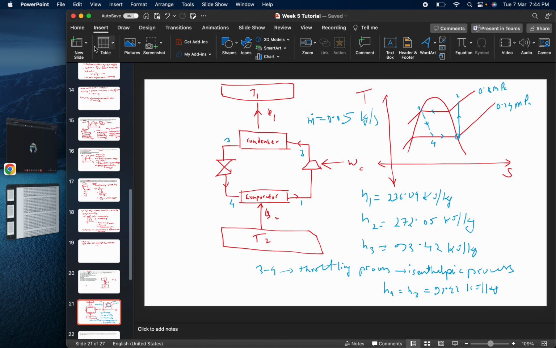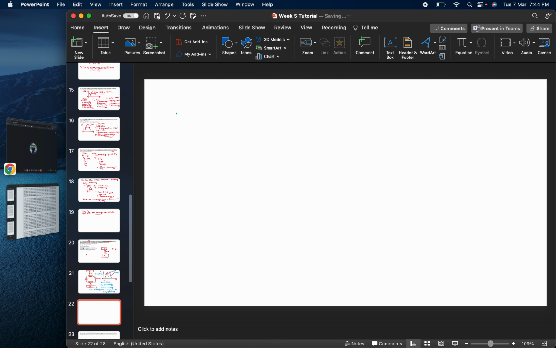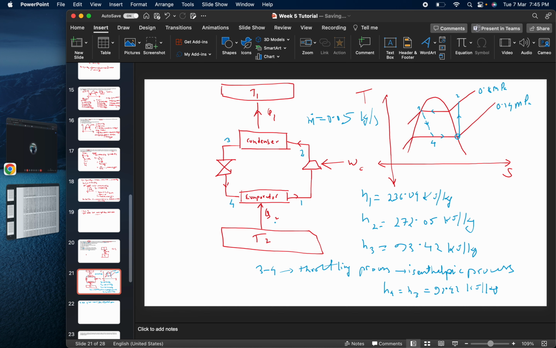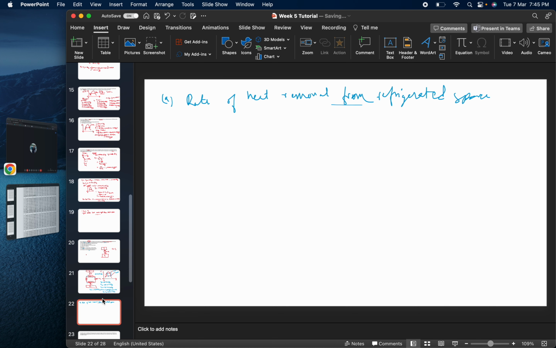This is your refrigerated space, and this Q2 amount of heat is removed, so you need to calculate Q2.